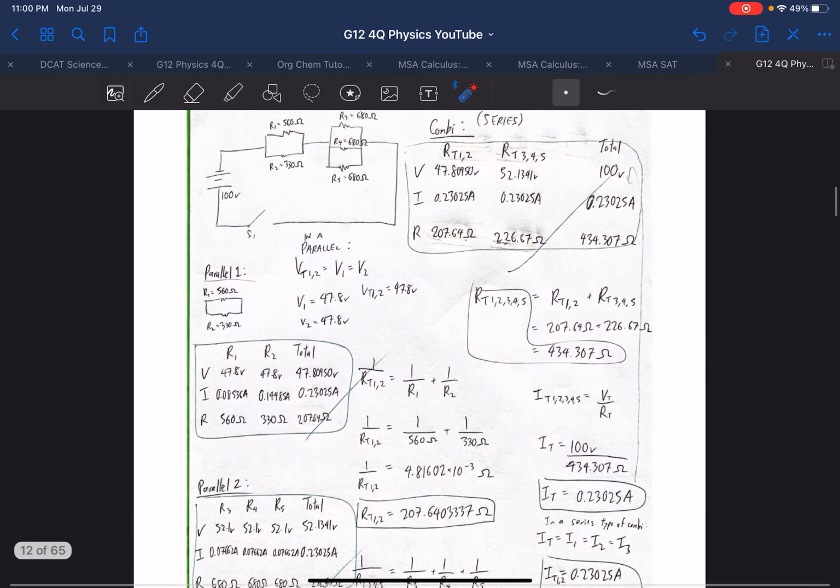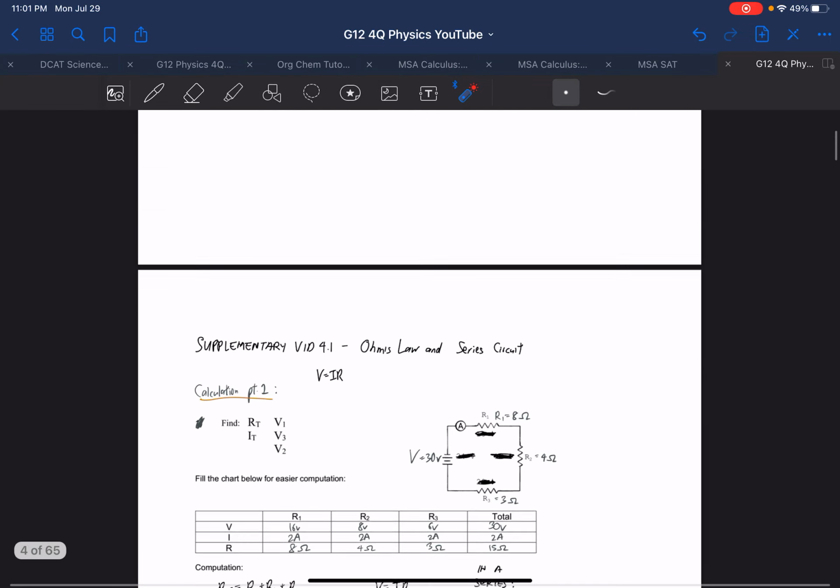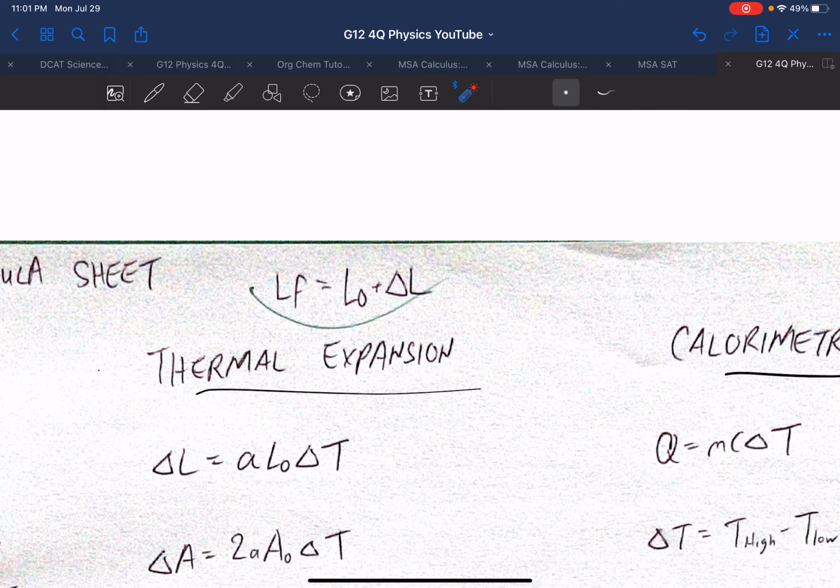Let me show you. There you go. It's this one. So length final is equal to length initial plus the change in length.